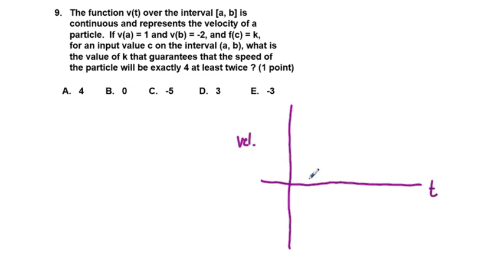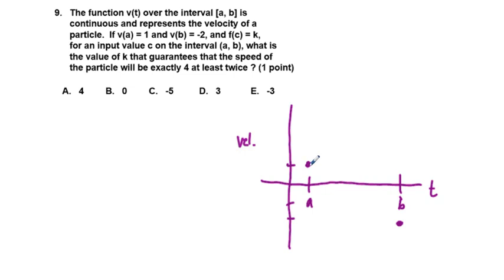Okay, so at input of a and input of b, we have f of a equals 1, which is right here, and f of b equals -2, which is right here.